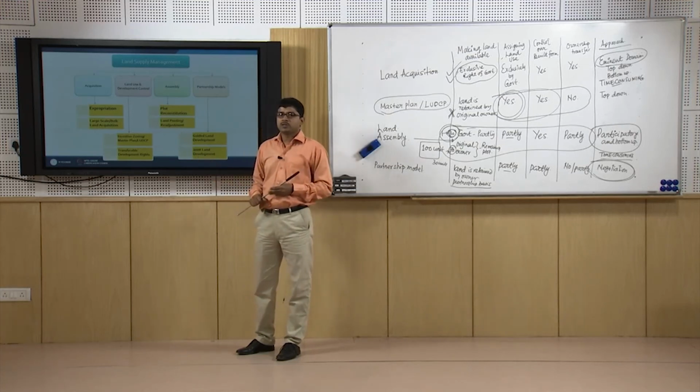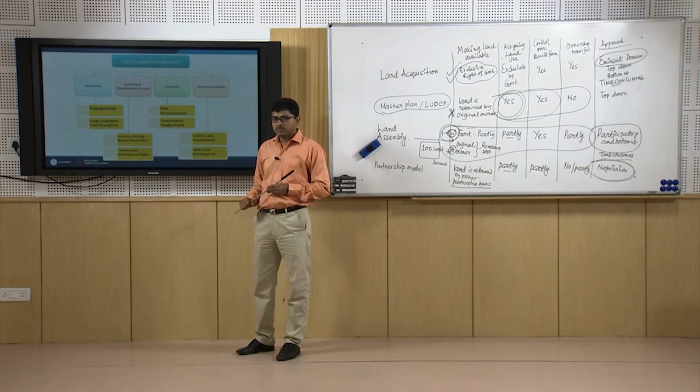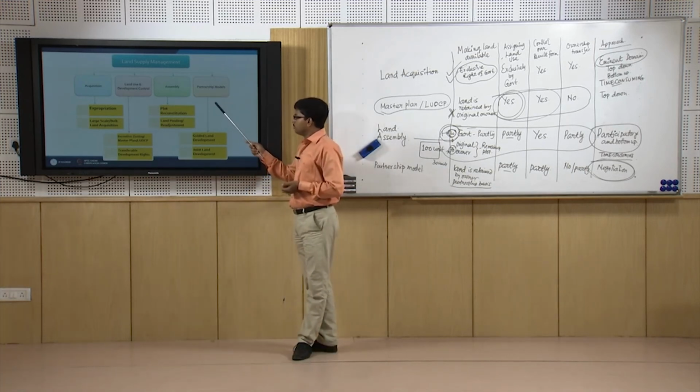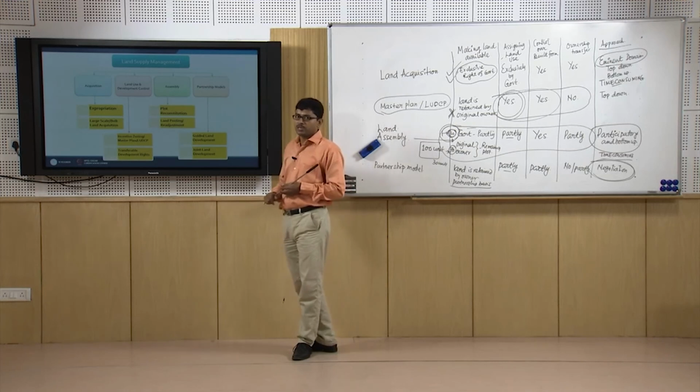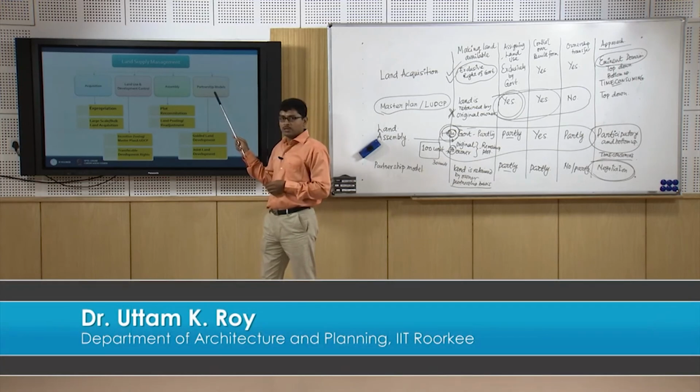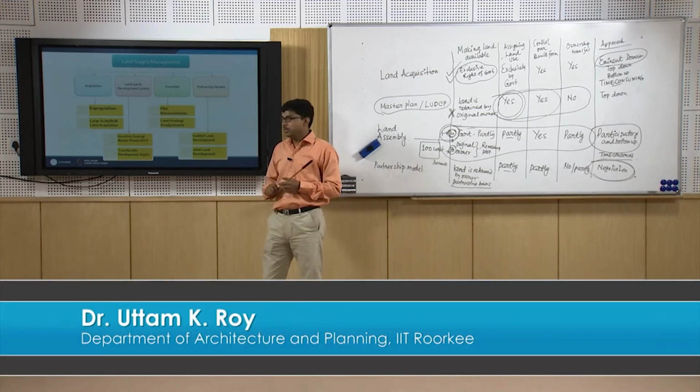There are many examples in Gujarat or Madhya Pradesh, you can see any one of the examples, and there are many partnership models. Right now it is being adopted, especially with the smart city project. Various cities are adopting the partnership model of land assembly for the future development of housing.